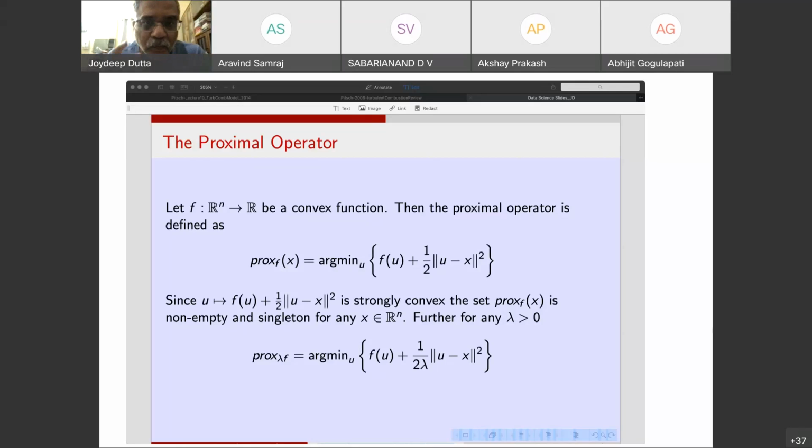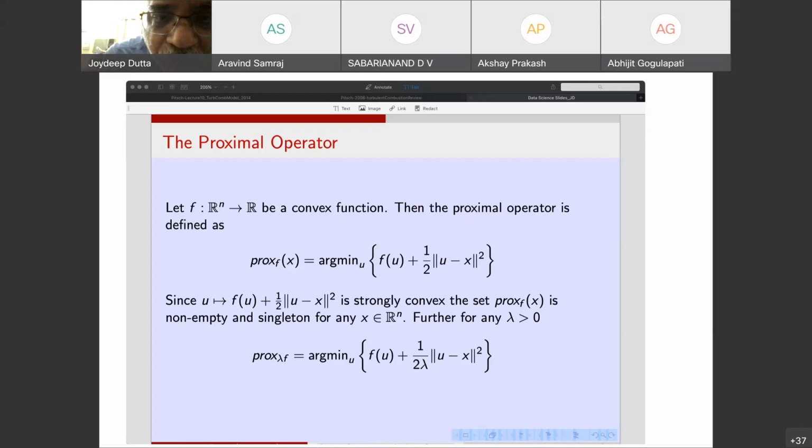Yes, so f(u) plus 1/2 norm of u minus x is a ball around f(u), right? So you're minimizing f(u) plus this. What should be the radius of that ball? It depends on the radius of u minus x, that difference. Correct, so not a single ball. With every u, you are making many balls then. Yes. I'm still trying to figure it out. You might look at it geometrically.